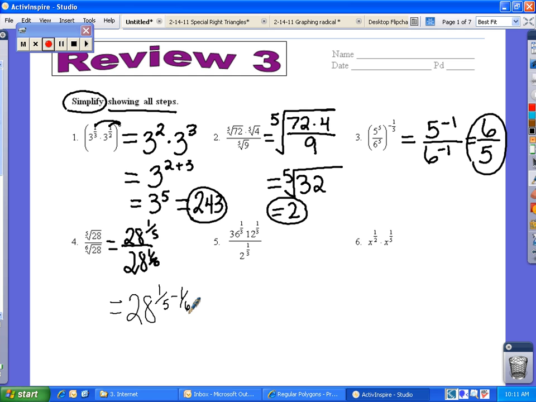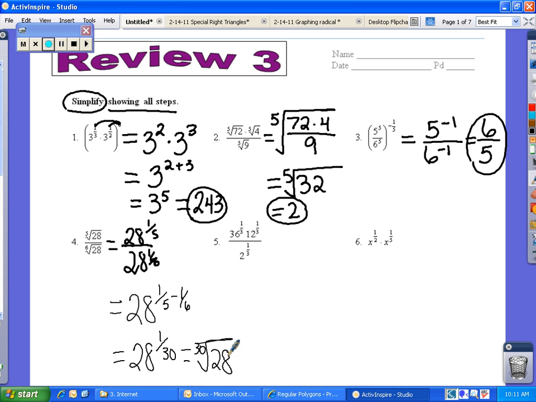And 1/5 minus 1/6 is going to come out with a common denominator. Your common denominator is 30. So this one becomes 6 over 30, and this one becomes 5 over 30. You could plug that in and just get a fraction of 1/30. So 28 to the 1/30 power. You could also write that as the 30th root of 28.